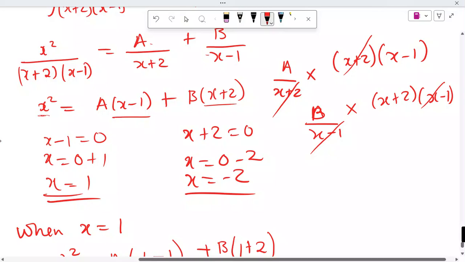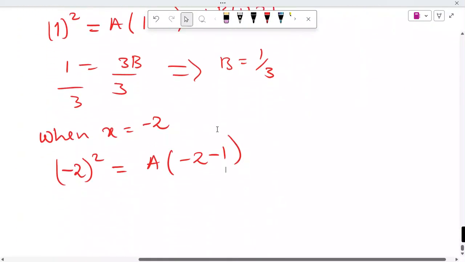So we are substituting here negative 2 and here also negative 2. Then b times negative 2 plus 2. So negative 2 squared, the same as negative 2 multiplied by negative 2. Answer is positive 4. So make sure you don't mess up the signs.